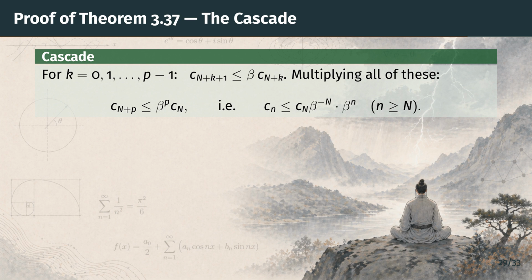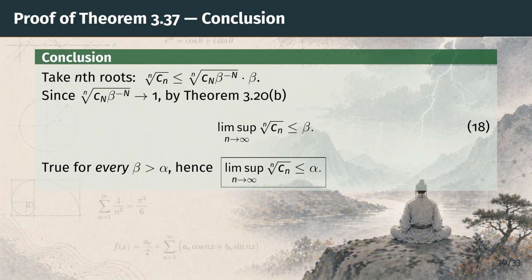Next, we extract the nth root. Now take the nth root of both sides. The right side becomes the nth root of the constant times beta. As n grows, the nth root of any fixed positive constant tends to 1. Therefore, passing to the upper limit and using theorem 3.20, part b, we obtain inequality 18.